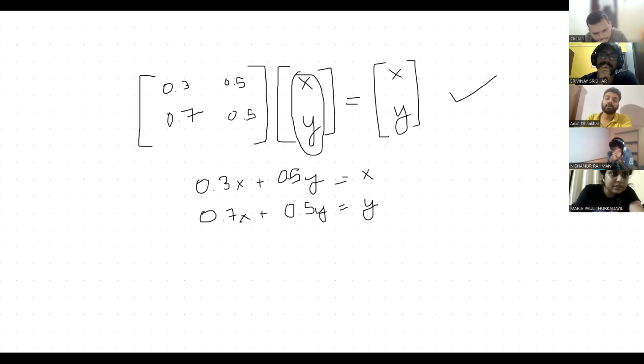We also know that x plus y is equal to 1000, right? Let me just say step by step.